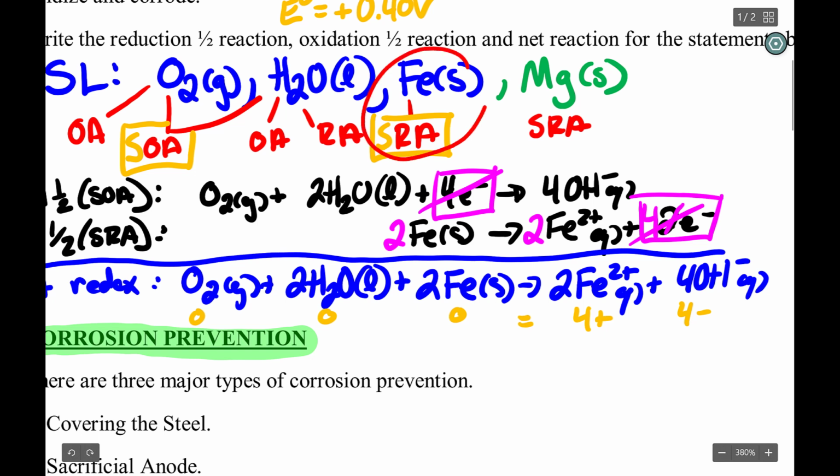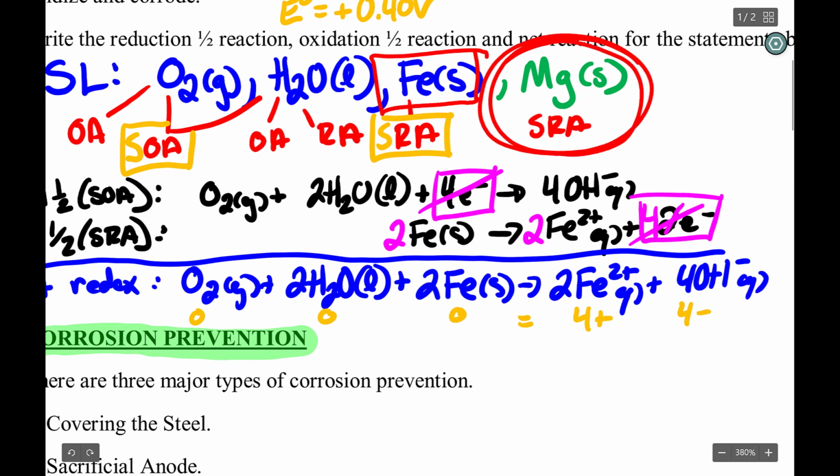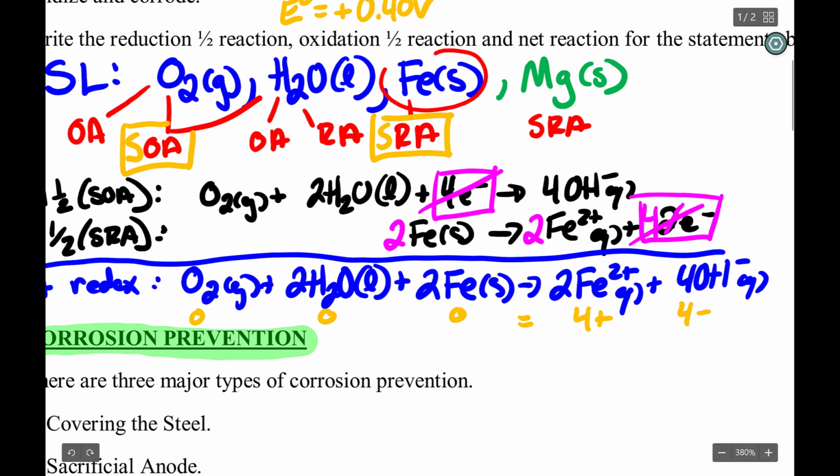The iron would no longer react, the magnesium would, and the iron would be left alone. It essentially would be a spectator metal. And we would call this a sacrificial anode. We are sacrificing the magnesium, allowing it to oxidize with water and oxygen in order to leave the iron alone.